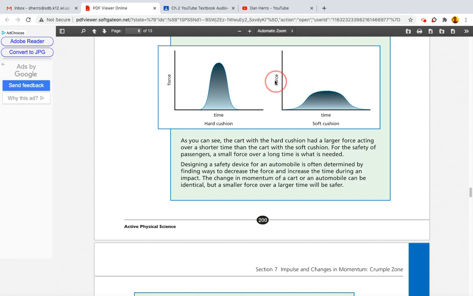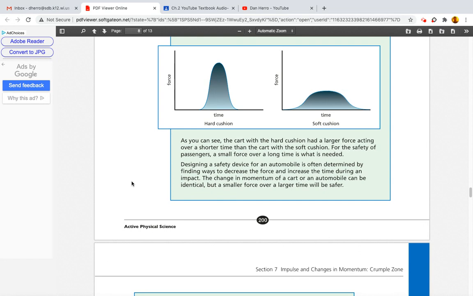The force is what's going to hurt your passengers. So this lessens the force by having this soft cushion, where if you have a hard cushion, you're way up here. This is the injury zone. This is the zone that could cause injuries or cause loss of life. Whereas with a soft cushion, you're really softening that force over a longer period of time. You're lessening that force. All right, so where were we?